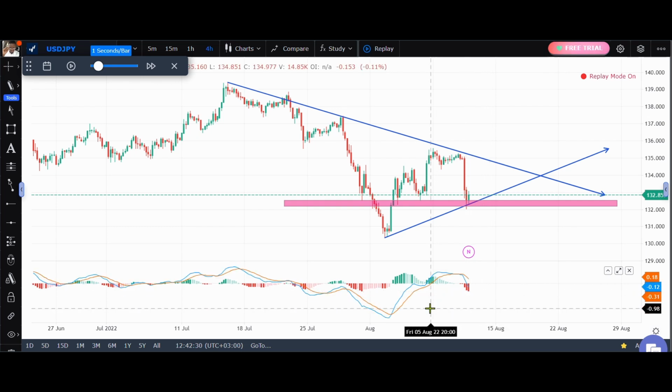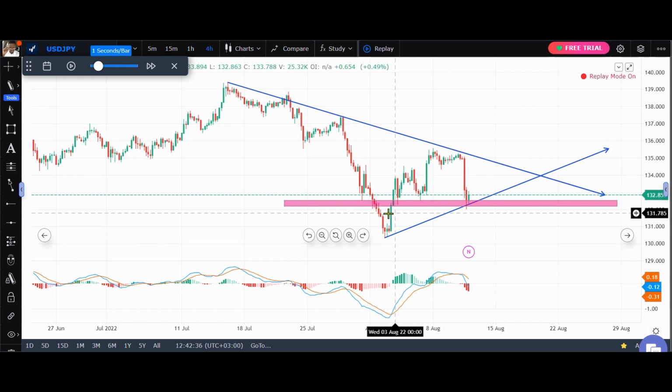Now, let's go ahead and add the Fibonacci. We will be using the Fibonacci as a predictive technical indicator to attempt to identify where the market will be heading next.